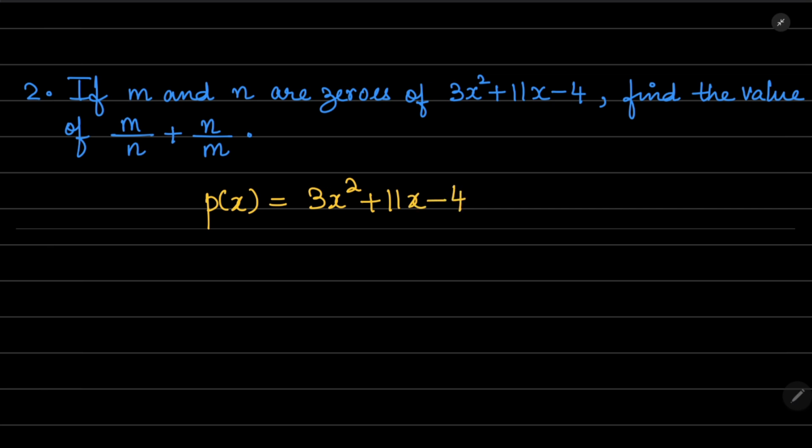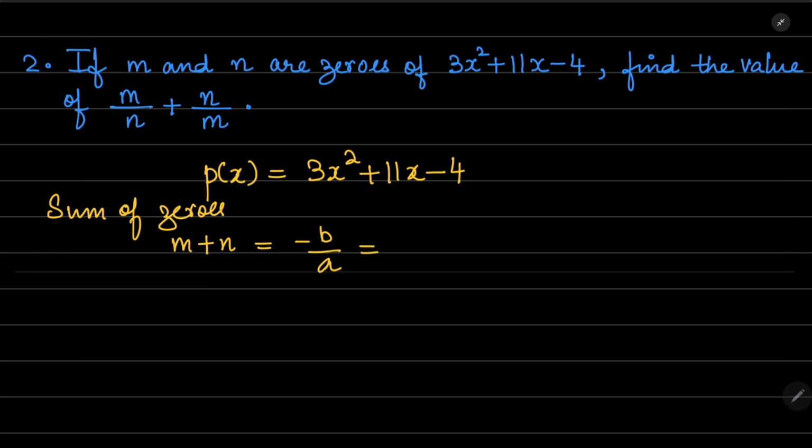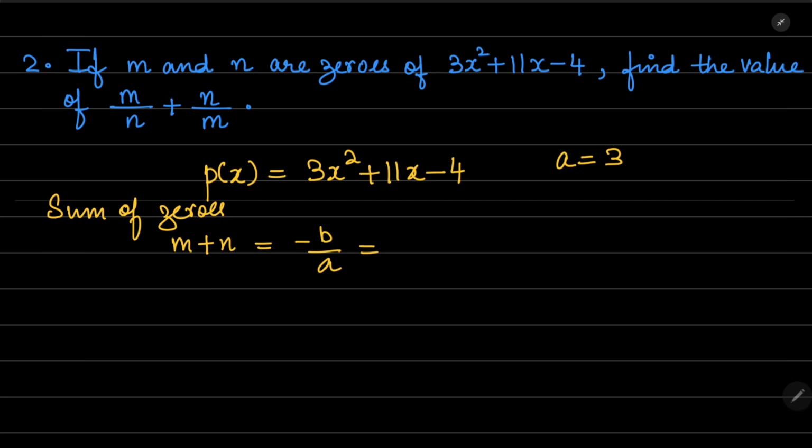So what is the sum of the zeros here? The sum of the zeros is given by m plus n. You are taking m and n as the zeros. So m plus n is equal to minus b by a. Here what is a? A is nothing but your 3, the coefficient of x square.